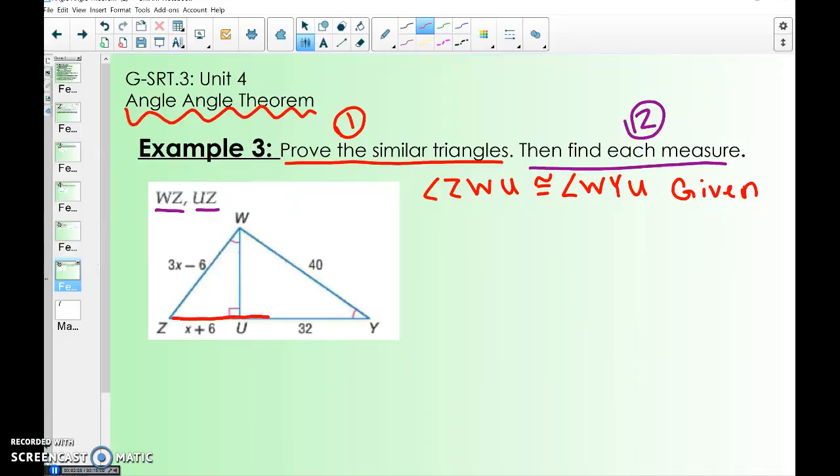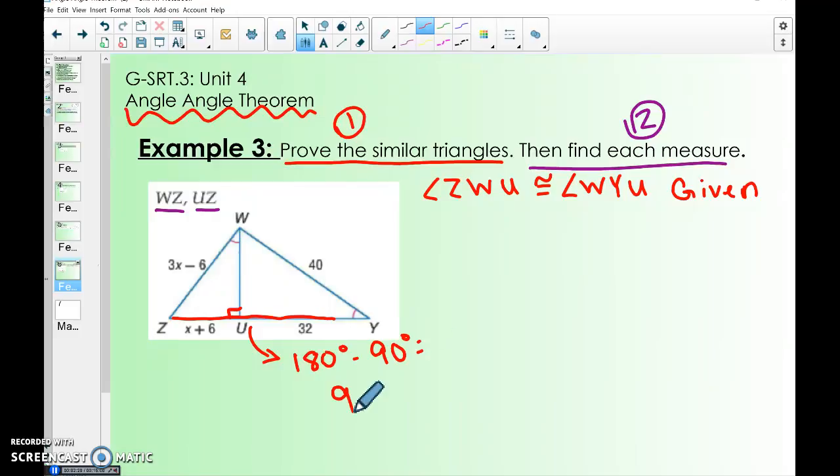Here's your hint. This is a straight line. Okay, well, what do we know about straight lines? How many degrees are they? They're 180 degrees. If you didn't know that, write it down. That's an important fact you need to know. Okay, if that whole line has to be 180 degrees, let's subtract out the 90 that we already know.